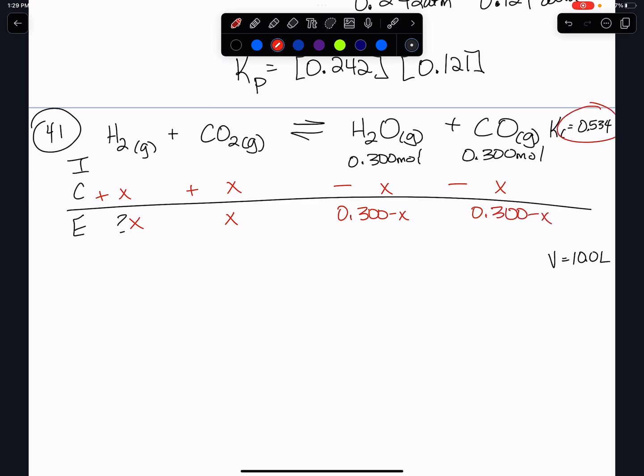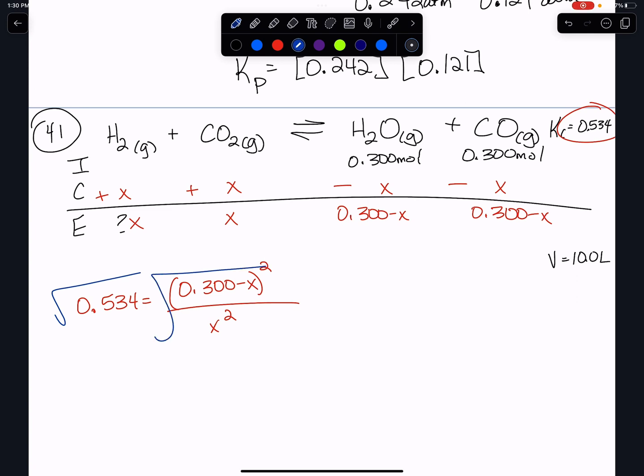We're given a Kc, so the Kc, 0.534, is equal to products, 0.300 minus X, times 0.300 minus X. So I'm just going to write that like so. Over reactants, and X times X will be X squared. And y'all know how to start this. Start by taking the square root of both sides. And I get 0.7308.